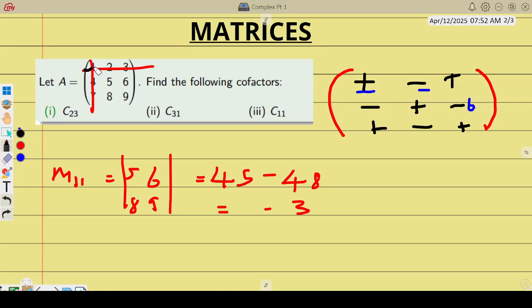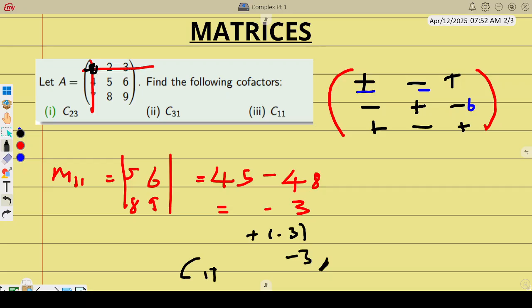The first position is for positives. So plus negative 3, which is just negative 3. So this is the cofactor. This is how we evaluate cofactors. I hope you found it quite useful.